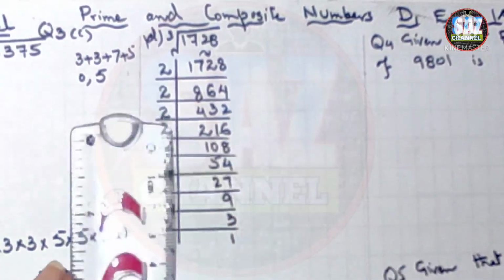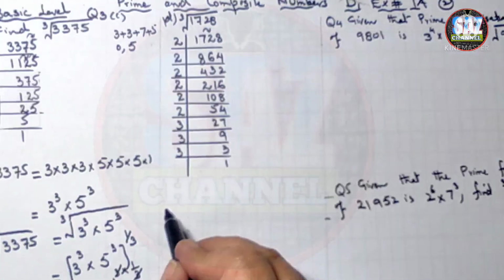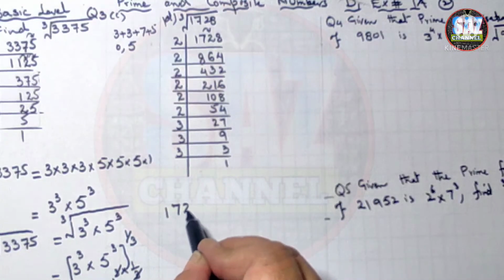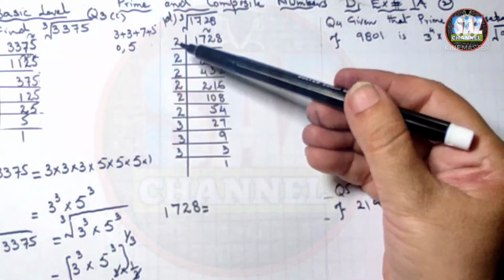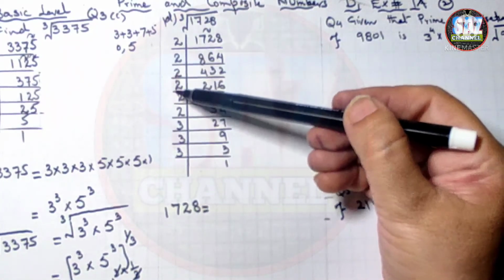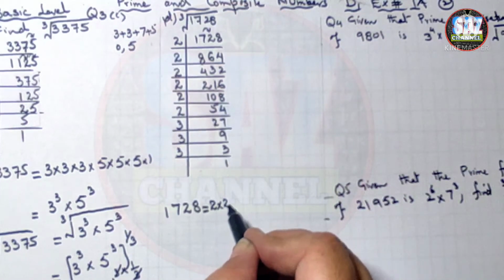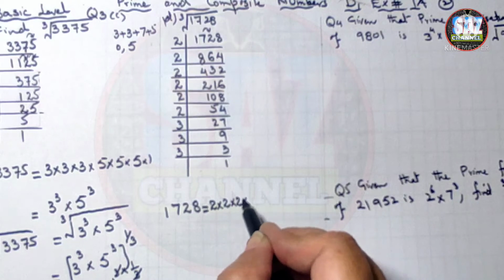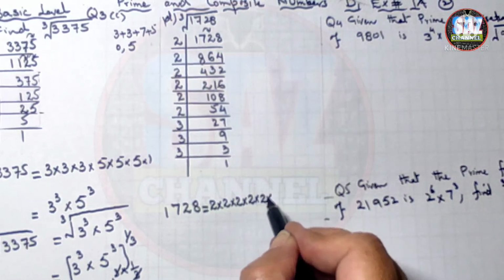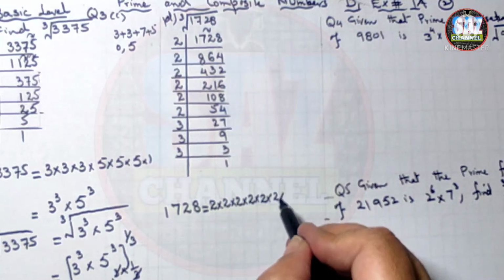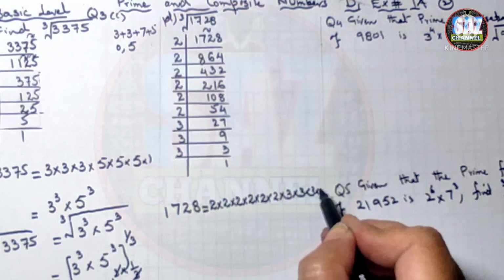Okay, now we have completed our prime factorization. So first of all, I have to write 1728 as the product of its prime factors. 2 is coming 1 2 3 4 5 6 times. 2 multiplied by 2, 2, 2, 2, 2, that is 1 2 3 4 5 and 6 times, and 3 is coming how many times? 1 2 and 3, multiplied by 1.